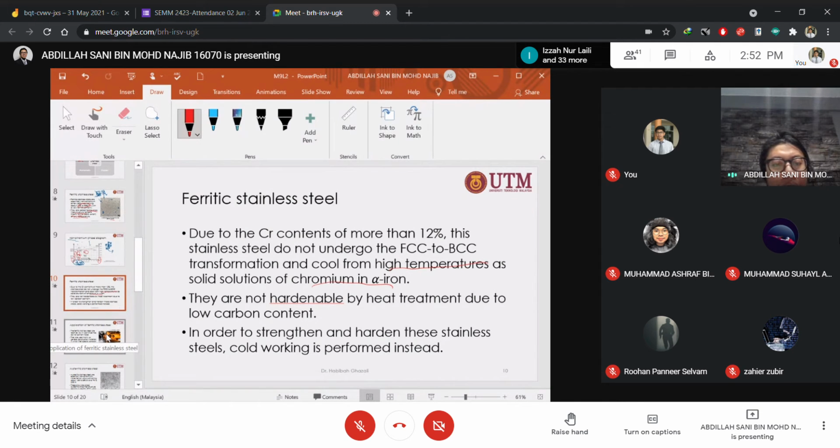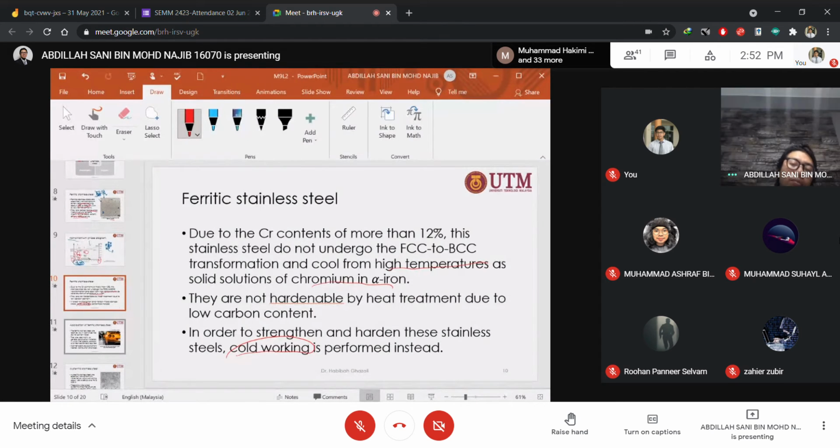In order to strengthen and harden the stainless steel, cold working is performed. What we are left with here is only cold working, because we cannot form precipitates. Solid solution we already deal with because we already add the chromium, so it's already in effect.